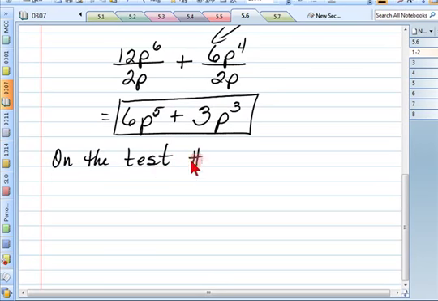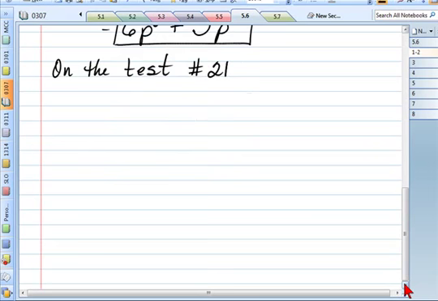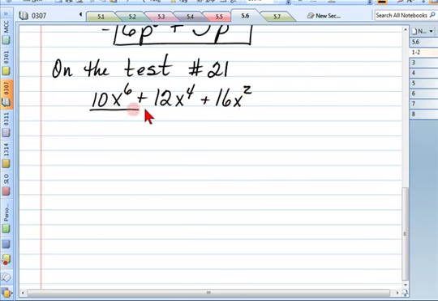All right, I want to do a problem that's like question number 21 on your test. I'm going to make up a problem that's very similar to yours. Divide 10x to the 6th plus 12x to the 4th plus 16x squared, divided by 2x to the 4th.